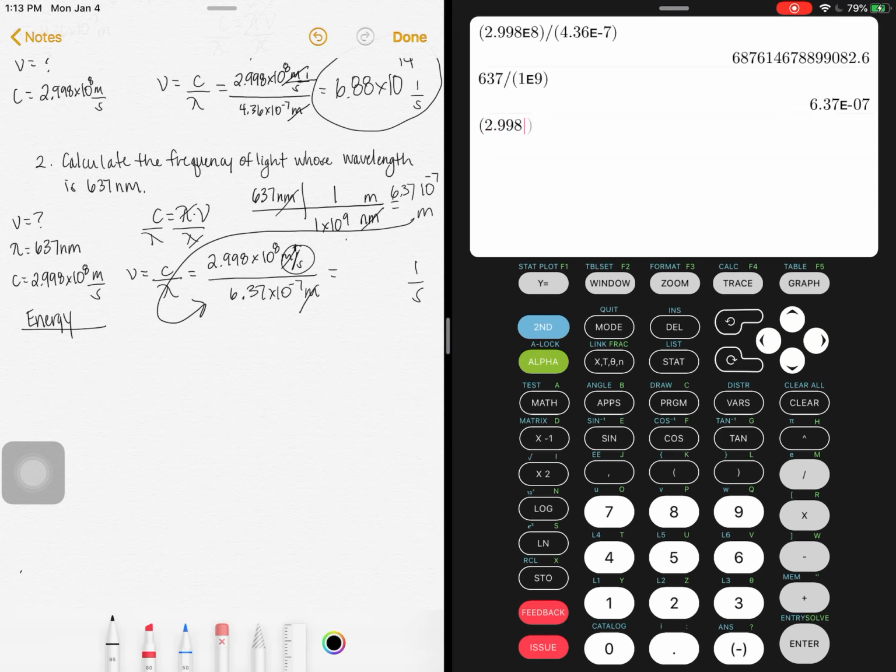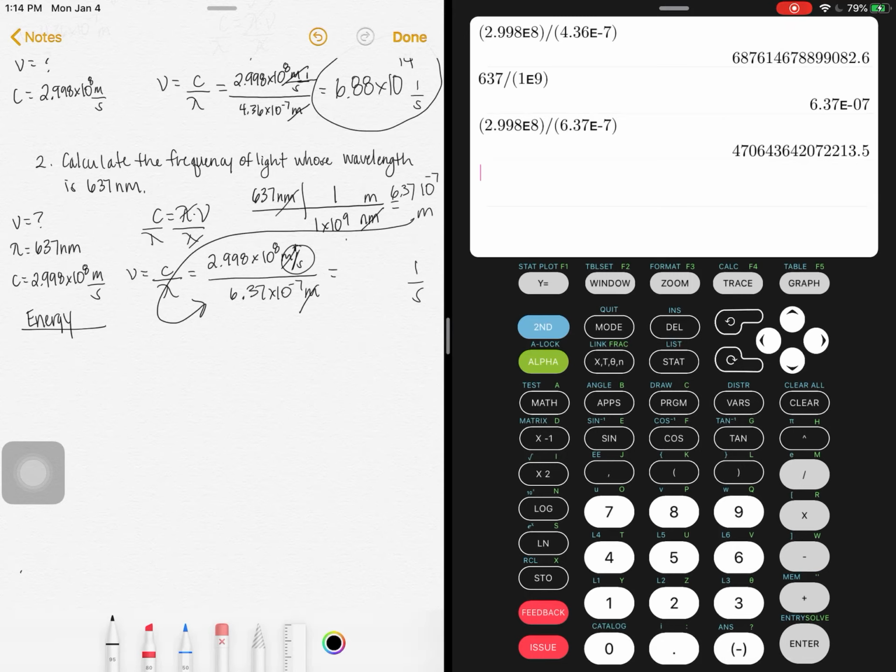So, parentheses, 2.998 second EE. Oh, I hit something wrong. Let's try that again. 2.998 second EE to the 8th power, close parentheses, divided by 6.37 second EE to the negative 7th. Oh, I think I can't enter that in that order. How do I delete? There it is, negative 7. Close parentheses and hit equals.